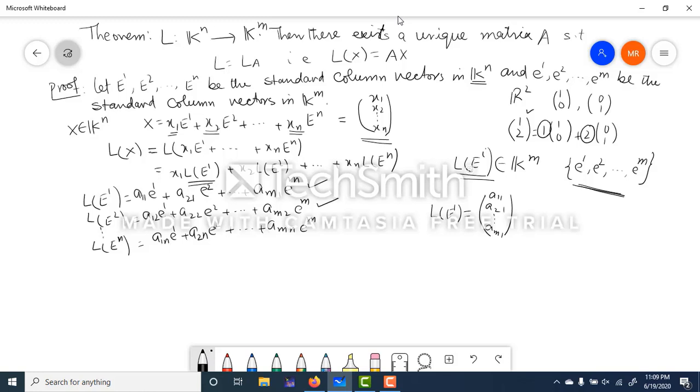Similarly, L of e2 is the column vector a12, a22, up to am2, and so on, up to the last column a1n, a2n, up to amn.